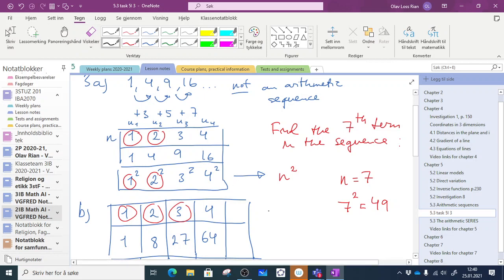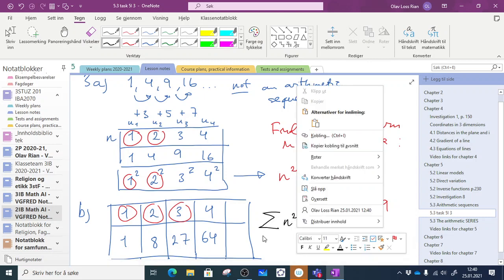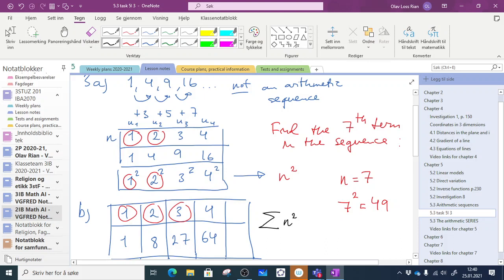So if I want to write the sum of the series n squared, I can use n under here and say that, okay, n is going to be from 1 to 3.